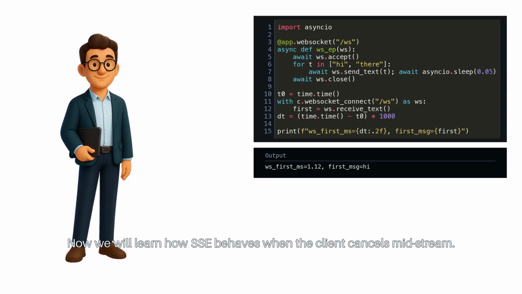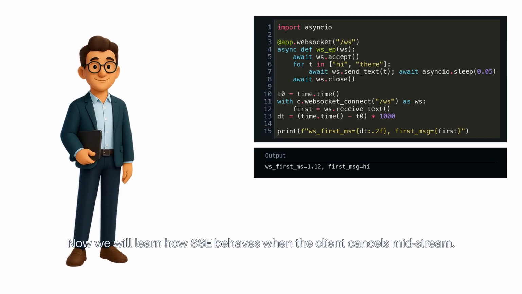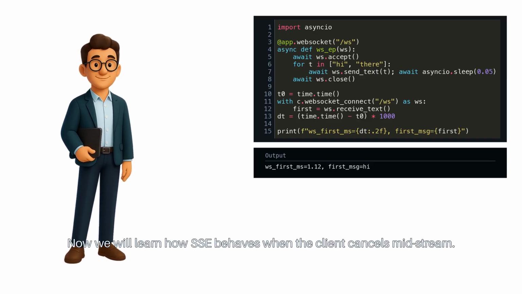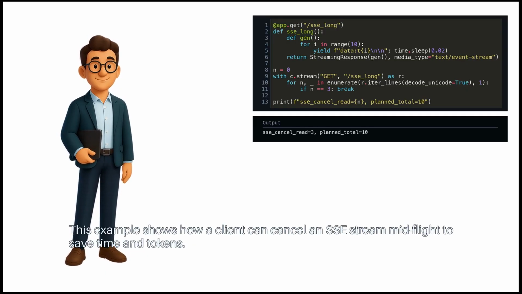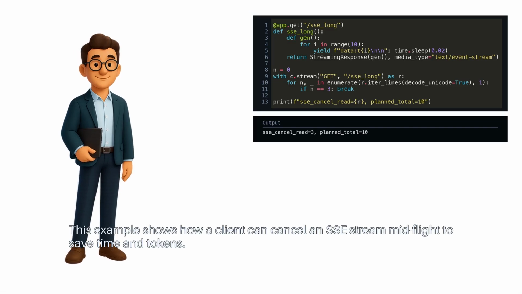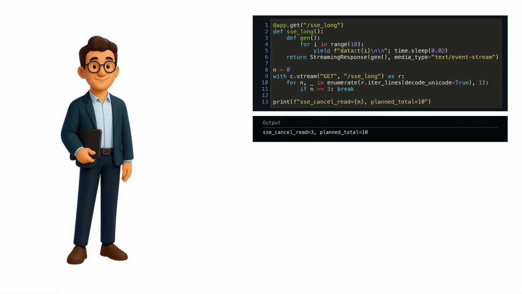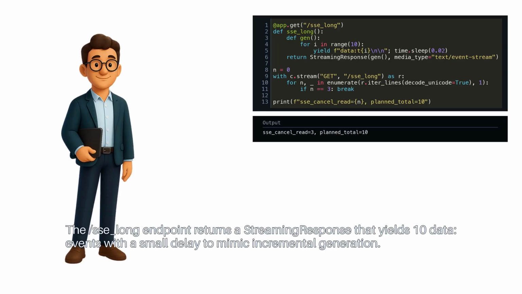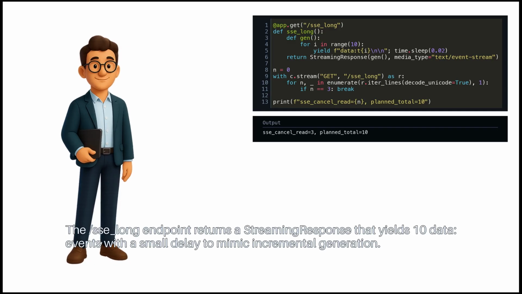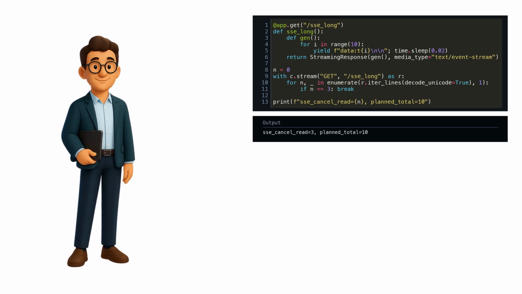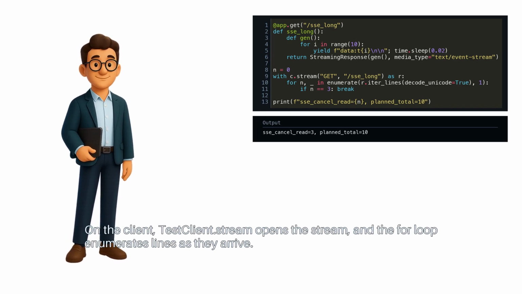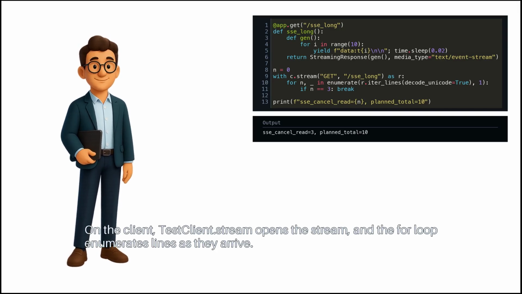Now, we will learn how SSE behaves when the client cancels midstream. This example shows how a client can cancel an SSE stream mid-flight to save time and tokens. The sse_long endpoint returns a streaming response that yields 10 data events with a small delay to mimic incremental generation. On the client, TestClient.stream opens the stream, and the for loop enumerates lines as they arrive.